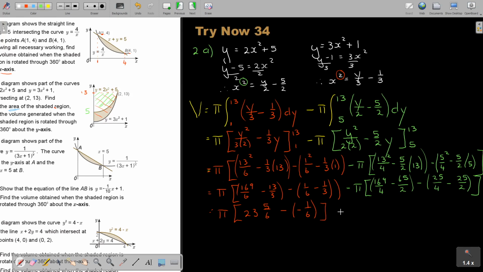Minus pi times 9 and 3/4 minus negative 6 and 1/4. And this is going to be add, and if you add, you're going to get 24. So it's 24 pi minus, and if you add, it's also adding a 1/4, do you see?